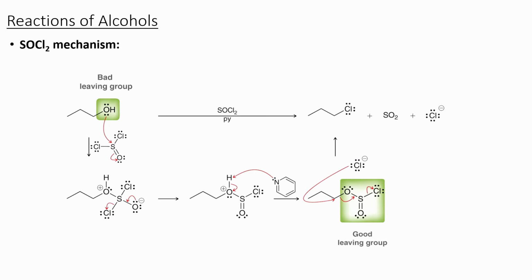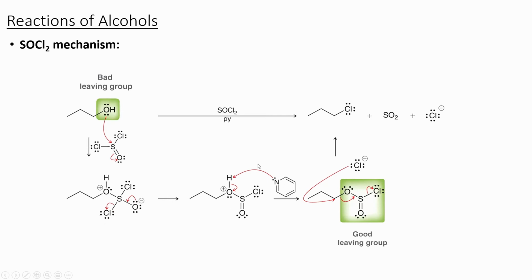So we can start with the SOCl2 mechanism. To begin with, the oxygen forms a bond with the sulfur, breaking the sulfur-oxygen double bond. Then the oxygen pi bond reforms and chlorine is ejected as a leaving group.